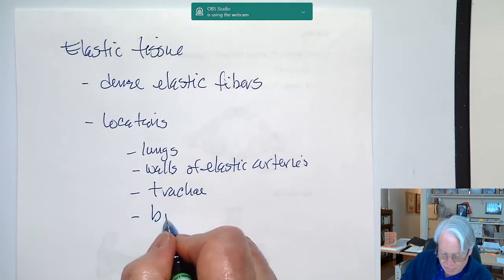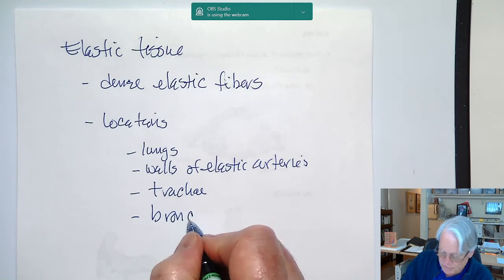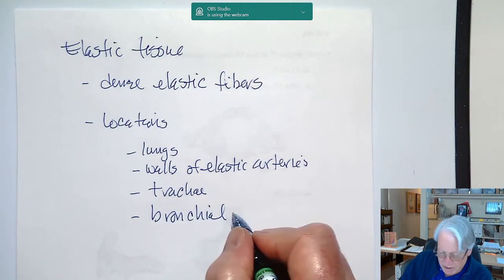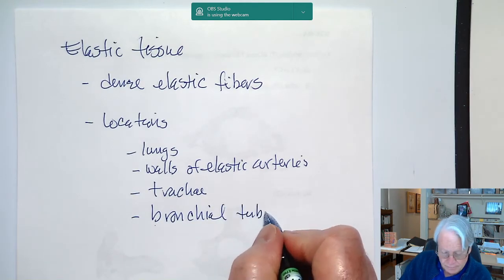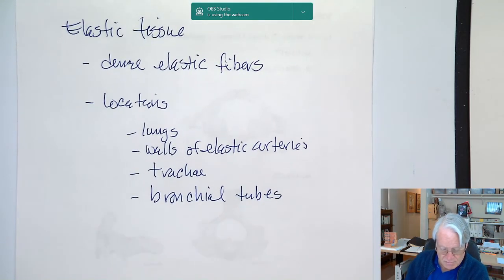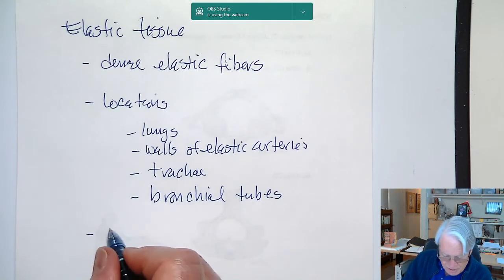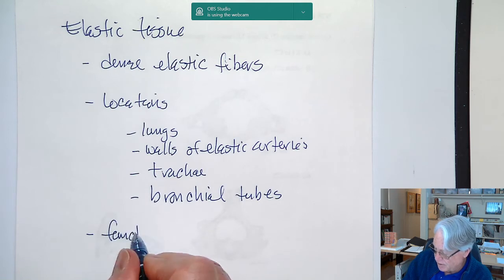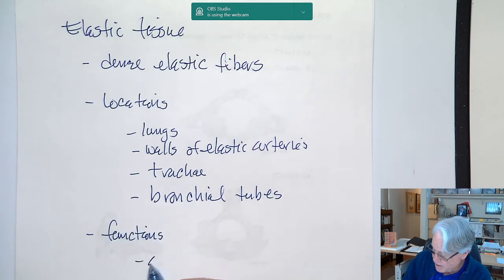And the bronchial tubes, which branch off of the trachea. The function of this is that it allows stretching.